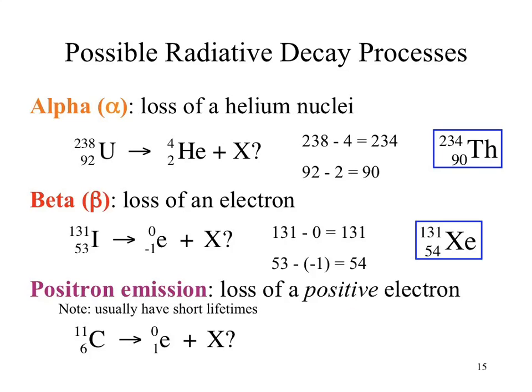So if we take a look at carbon, this one happens to be fairly rare. It's fairly low on the periodic table. Carbon-11 does undergo positron emission. What is atom X in this case? Same thing that we've been doing. If we lost the positron, it's going to be our mass number 11 minus the mass number of our positron being 0. 11 minus 0 is still 11.